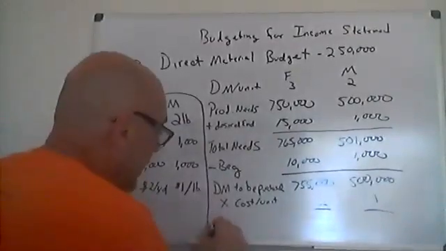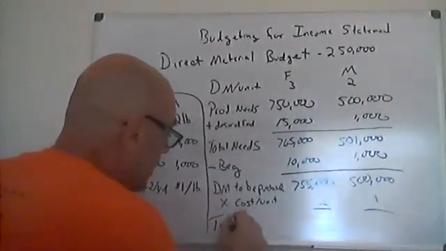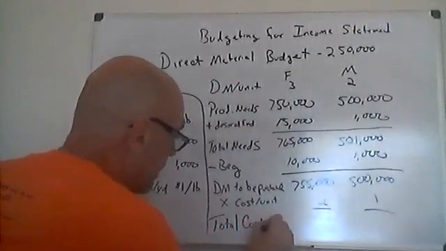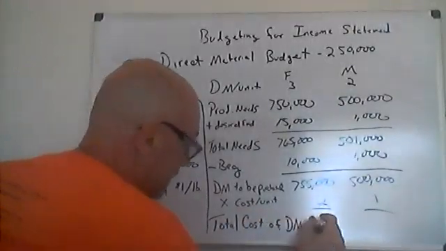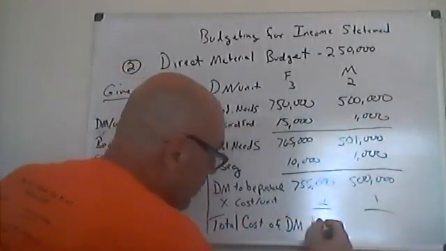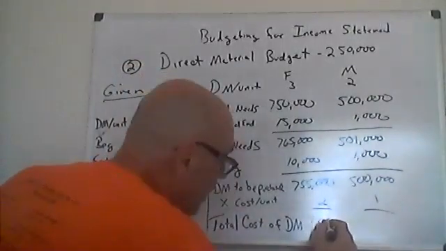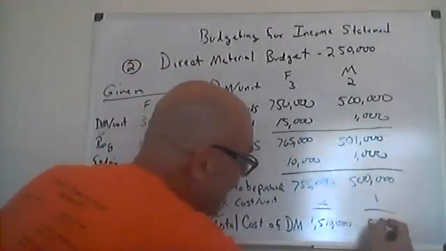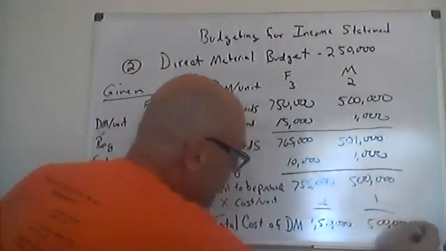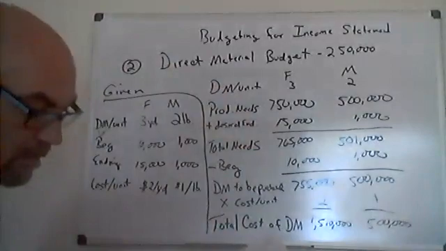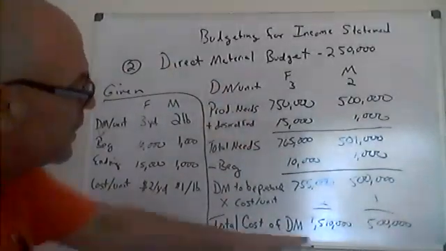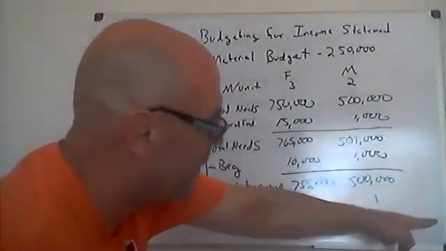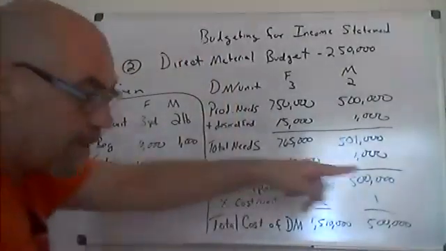And the bottom label is total cost of direct materials: 1,510,000 and 500,000. You would add those two together and write it out to the right of that.